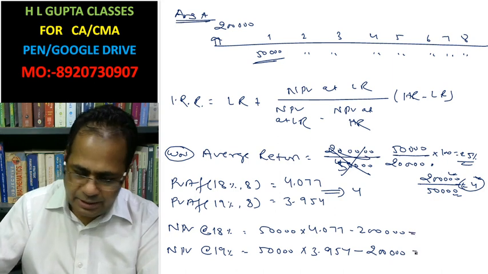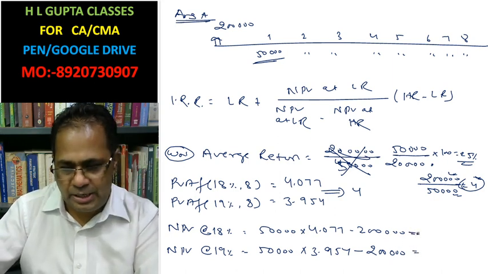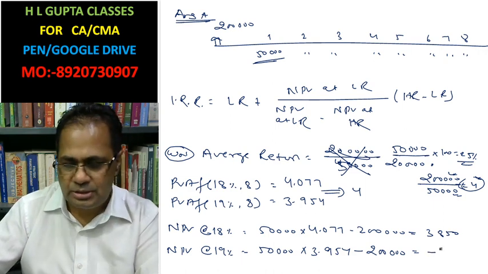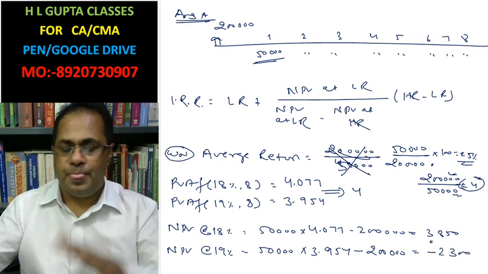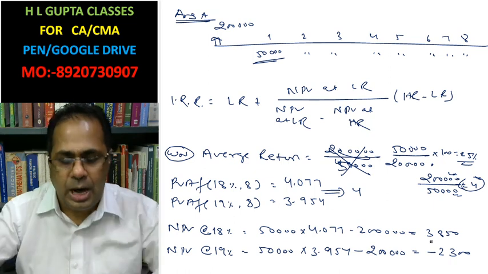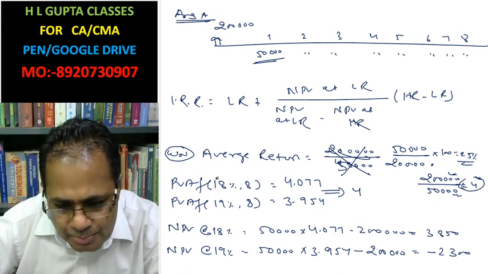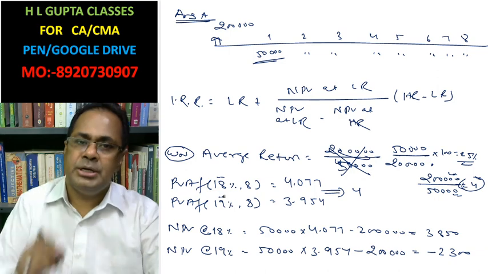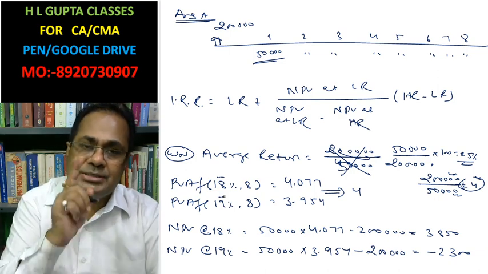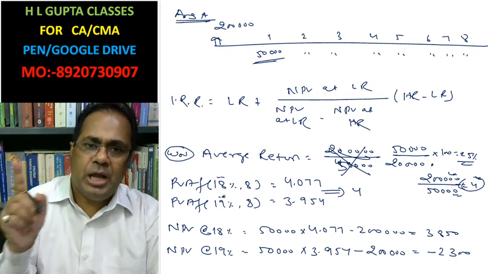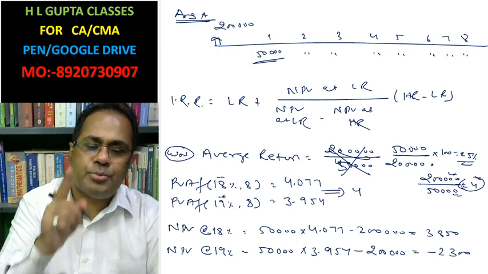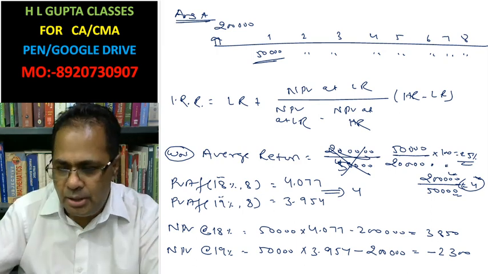In the first case, net present value is 3850. In the second case, minus 2300. Now you have to understand how this is 18% and this is 19%. You will learn this in my concept class, and you have to see the present value factor nearby the rate.